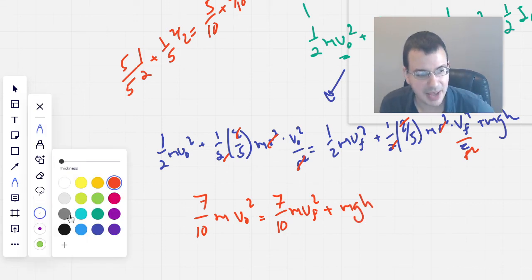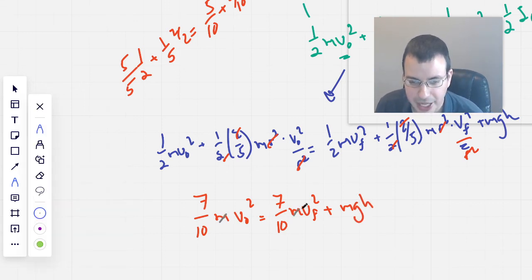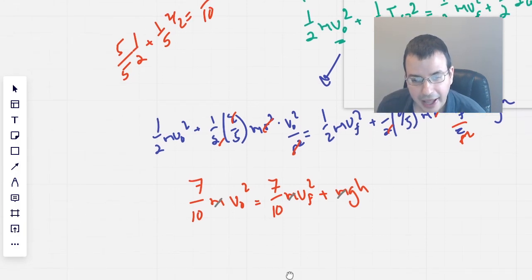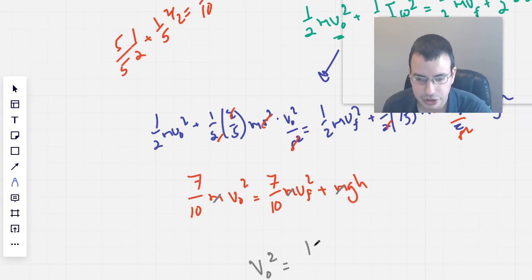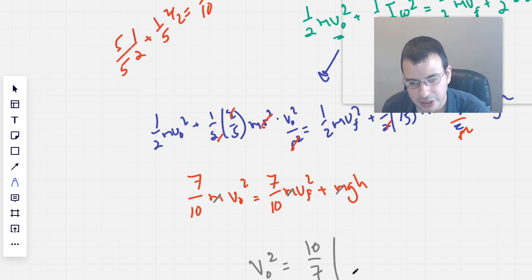Everything has a mass involved, which means the mass doesn't really matter. Therefore, v initial squared is 10/7 times 7/10 v final squared plus gh.